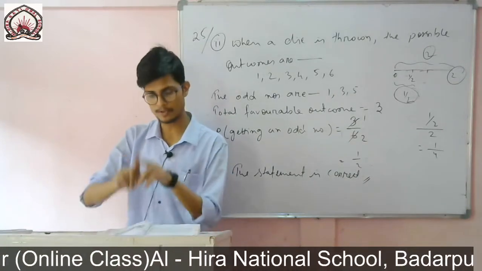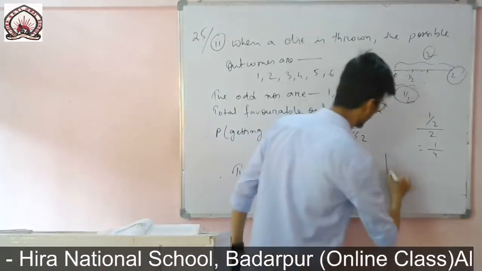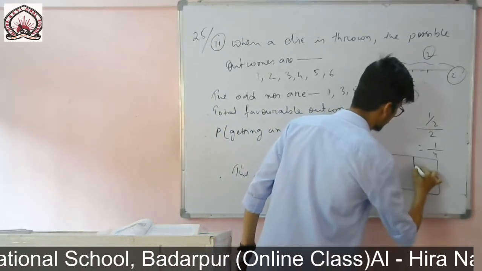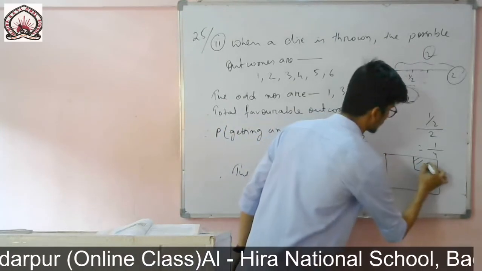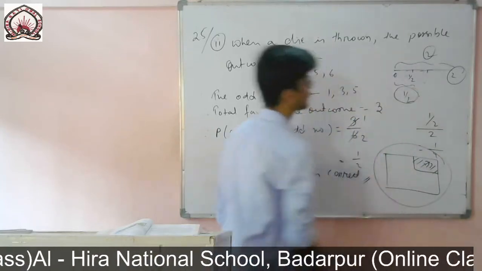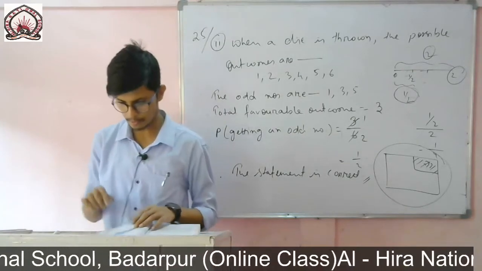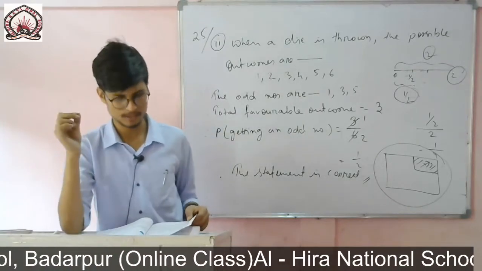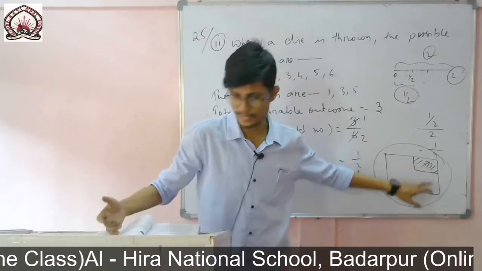In this case also, first of all we will find the area of this whole rectangle, then the area of this rectangular lake. The area of the lake will be my favorable outcome, and the whole area will be the total possible outcome.